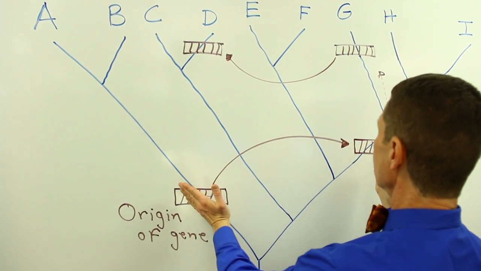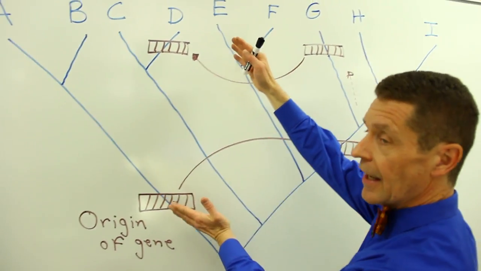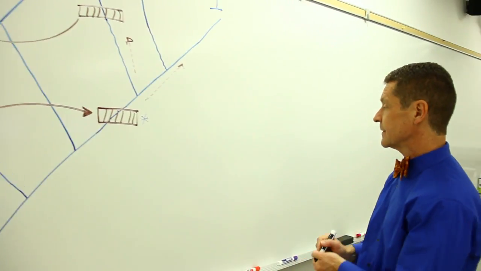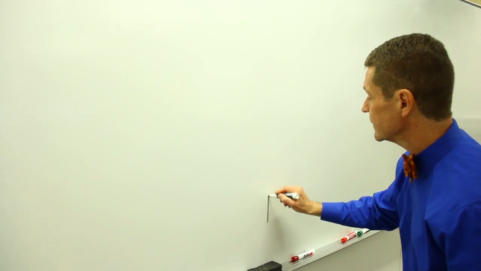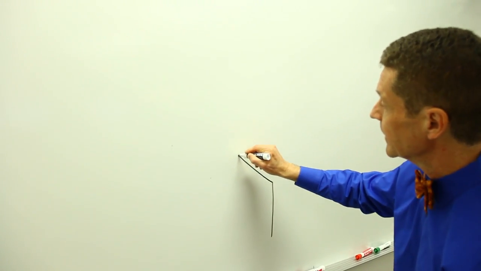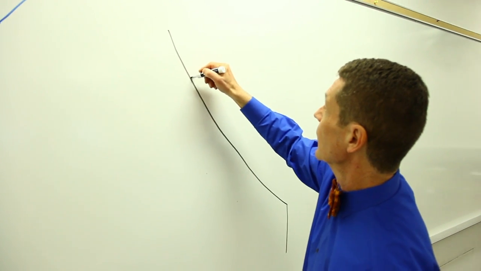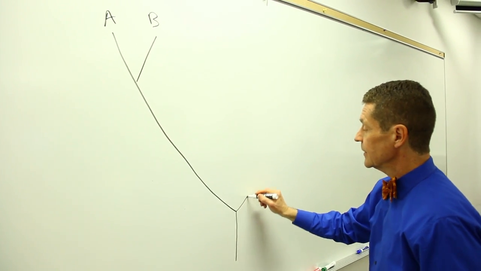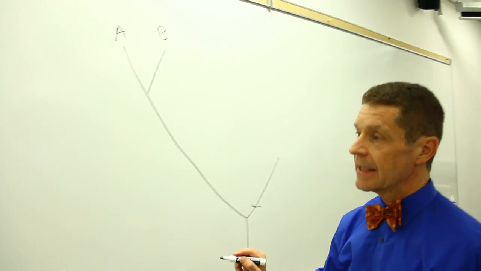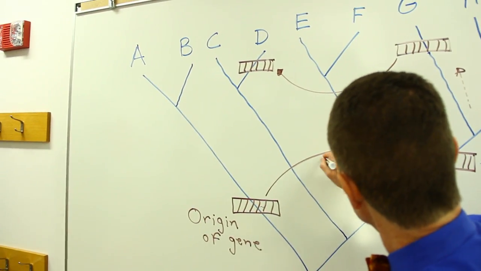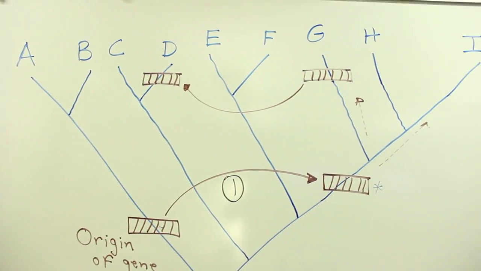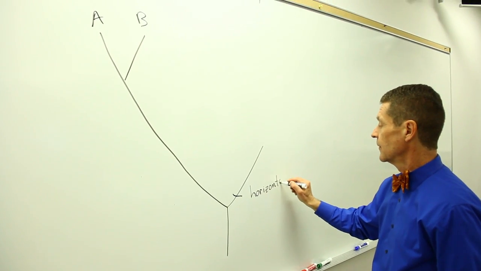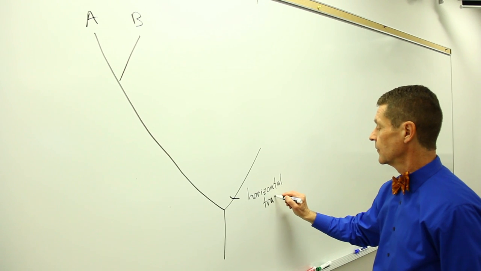These and all of those that transferred over here have been apart since that first transfer. So if we were to start at the bottom and say, what's the biggest branch? There would be a branch here that goes to A and B, and another branch here that represents transfer number 1. So this is horizontal transfer 1.